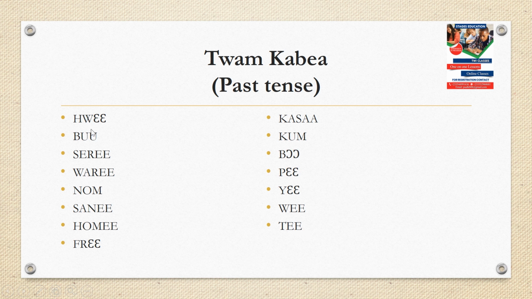So what we are doing is, in pronouncing the word, we just stretch the last vowel because we added another vowel to it. So hwɛ is hwɛ, and because we added another vowel to it, we pronounce it as hwɛɛ. So when you are pronouncing, you just stretch the last vowel of the word.